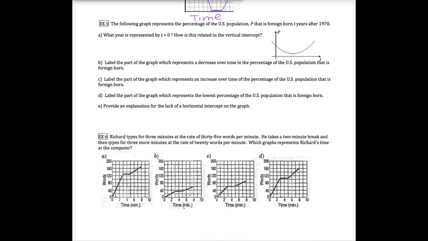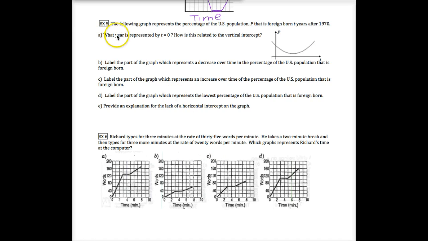Example 5, it says the following graph represents the percentage of the U.S. population P that is foreign born, so born somewhere else other than the United States, and it's representing T years after 1970. All right, so again, really important that we learn how to interpret important parts of the graph.